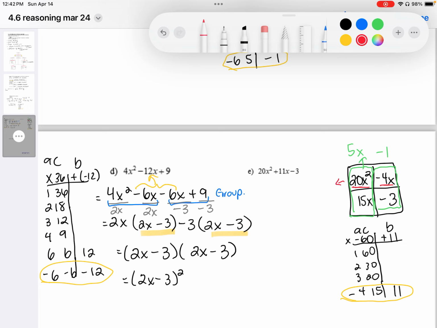So let's divide out a negative 4x and negative 3. Okay, so we have 5x minus 1 and negative 4x minus 3.